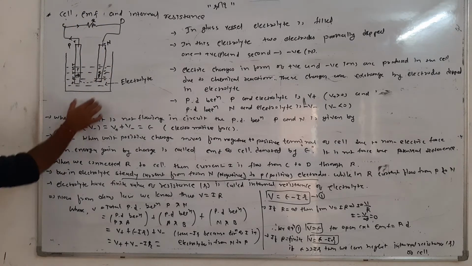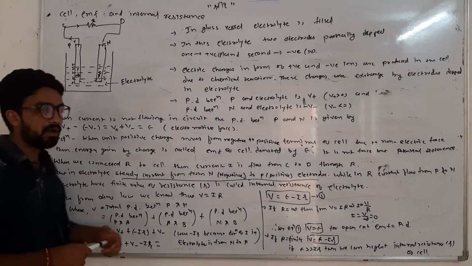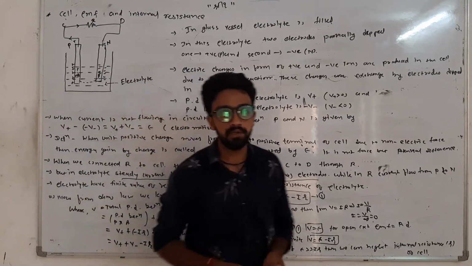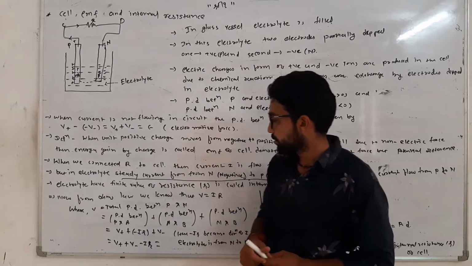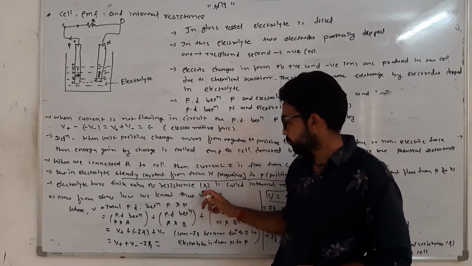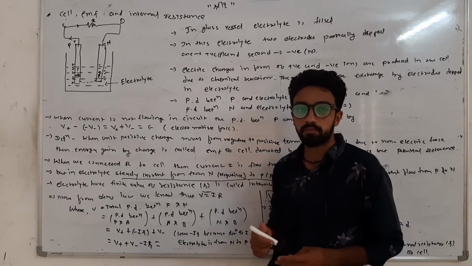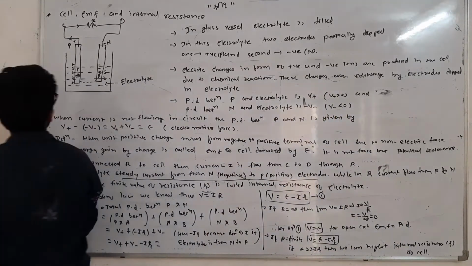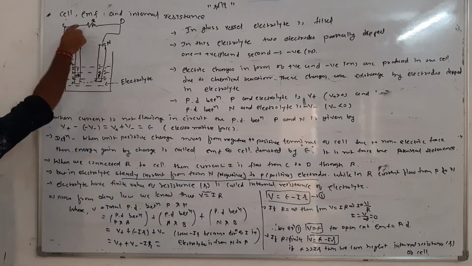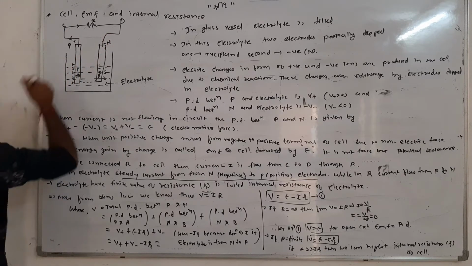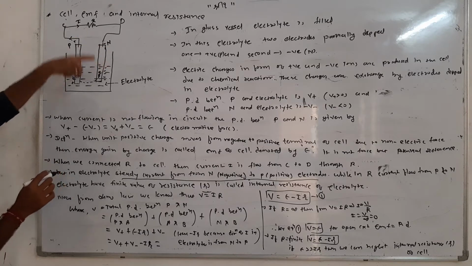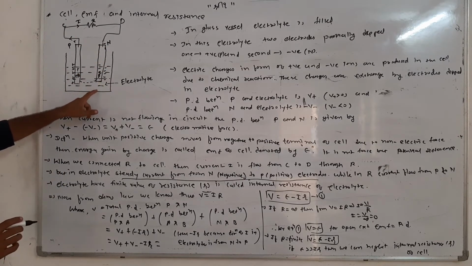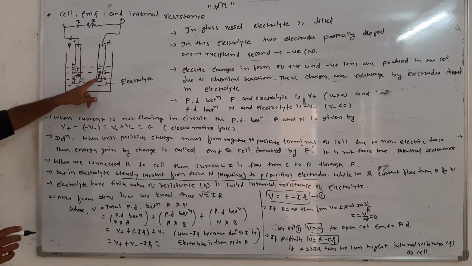Now these electrolytes have some specific value of resistance, that is known as the internal resistance of the electrolyte. Here we take the value as small r. So when we connect the resistor in the external circuit, the electric current I flows from the positive terminal to the negative outside the electrolyte, but inside the electrolyte the current flows from the negative electrode to the positive.